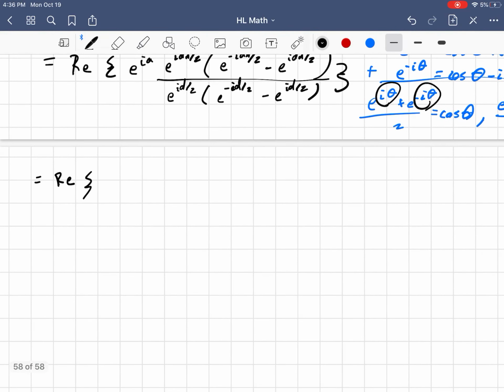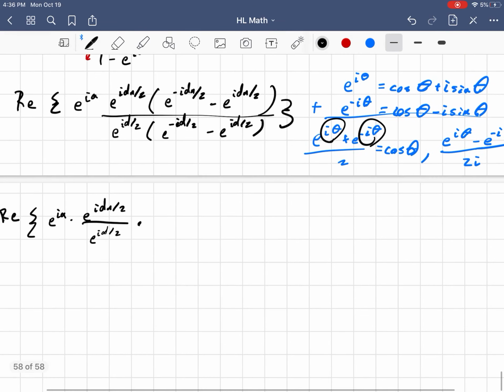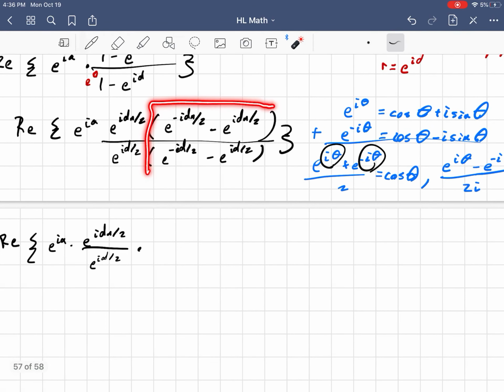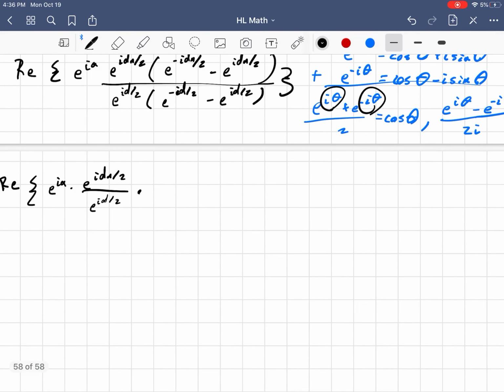So we have the real part of e to the ia times e to the idn over 2 over e to the id over 2 times, now I'm going to be dividing this fraction by a negative 2i on both the numerator and the denominator, so it doesn't change anything.